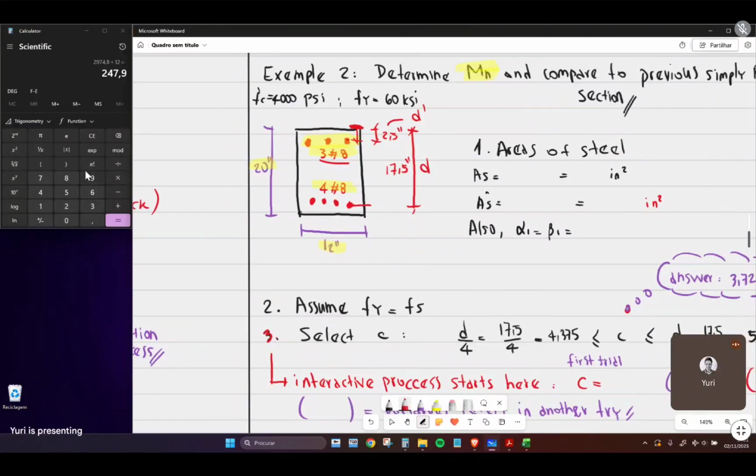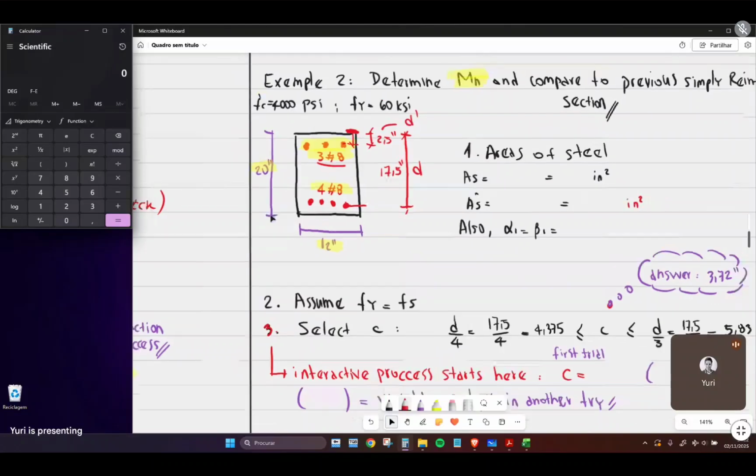We saw that the area of one number 8 bar is around 0.785 square inches. So the tension reinforcement equals 4 number 8 bars, and the compression reinforcement is 3 times this value.